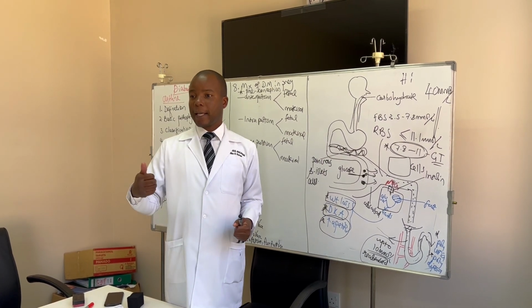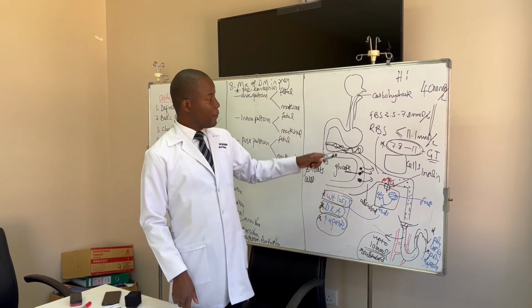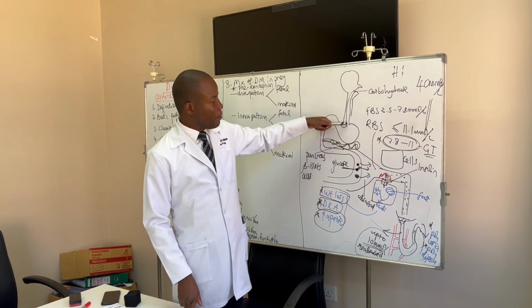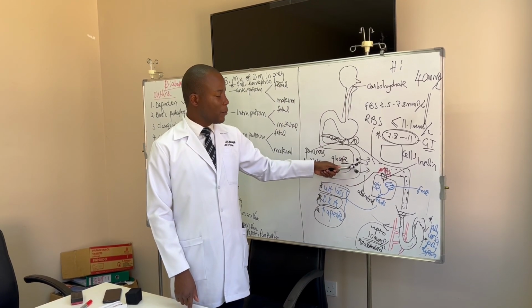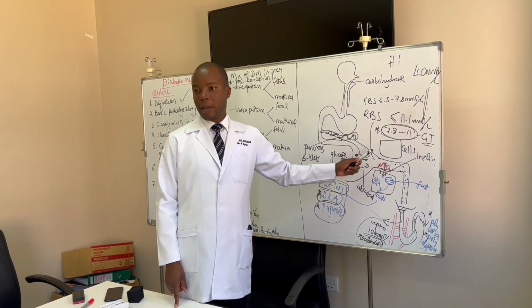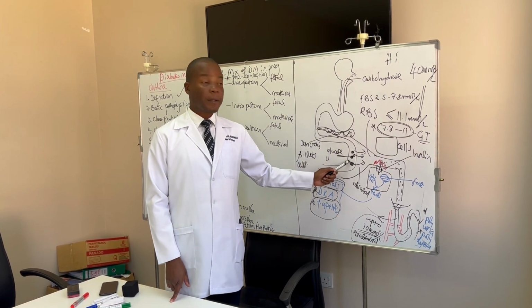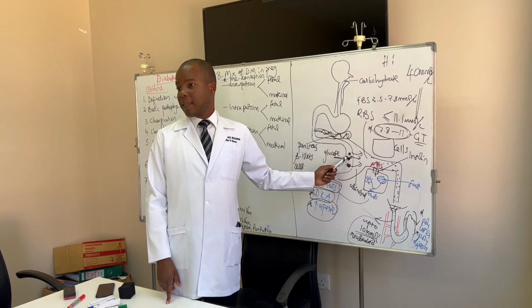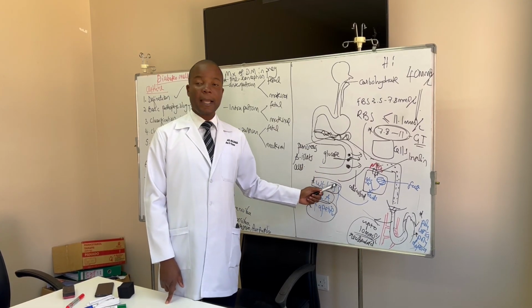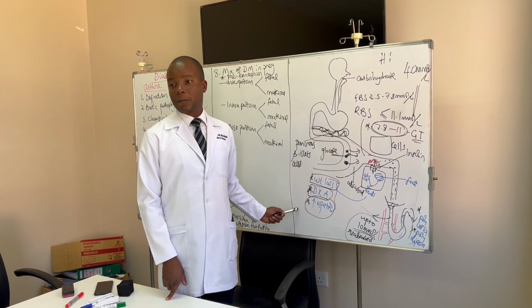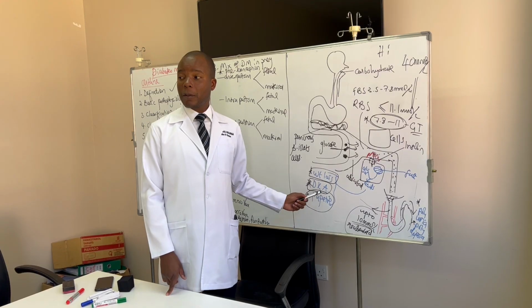There is what is called the glycemic index. If you eat brown rice, by the time it's reaching the part where absorption occurs, maybe only 70% of that carbohydrate would have been broken down into glucose. The other 30% will enter into the parts of the intestines where absorption is not possible.